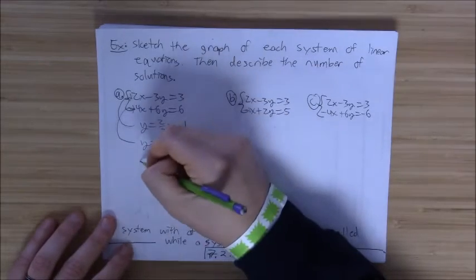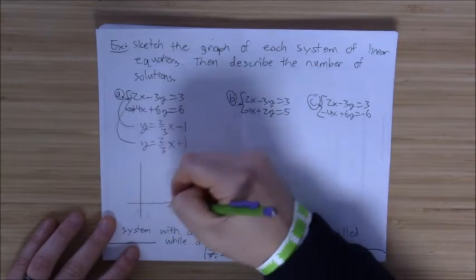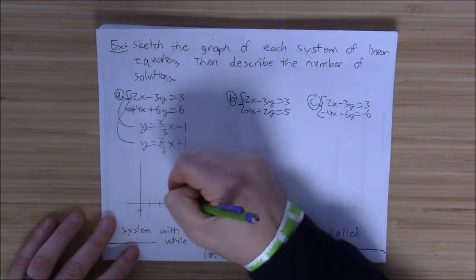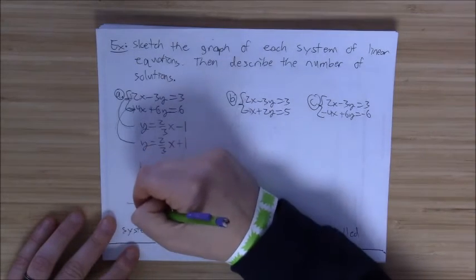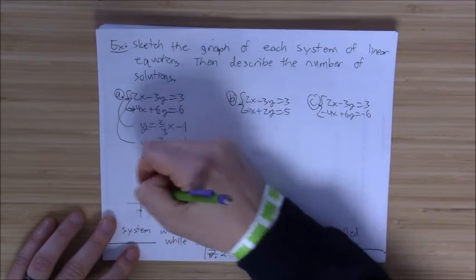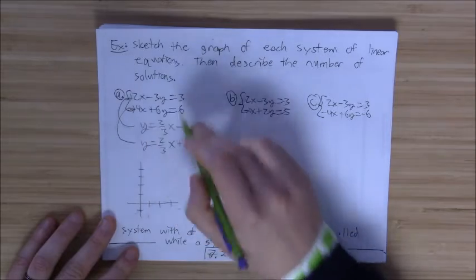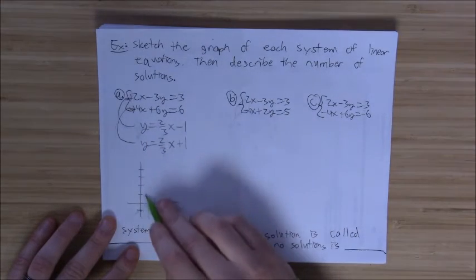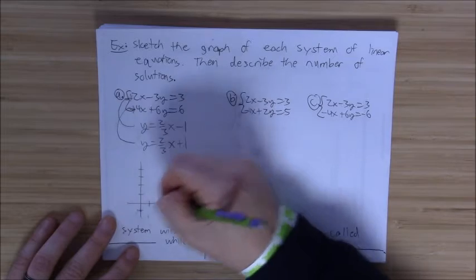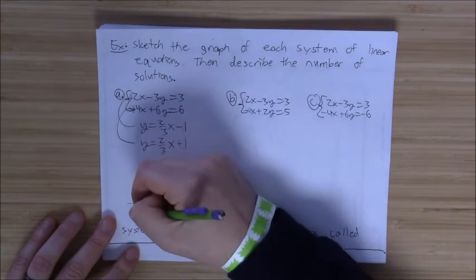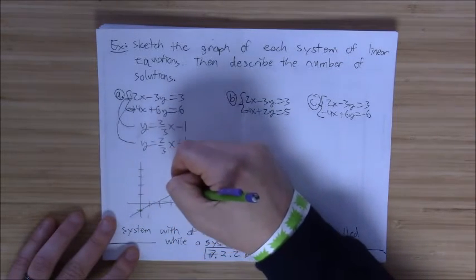Which means what we have here is, first, the first equation is the line that goes through -1 and has a slope of 2/3, so up 2 over 3. So that would be a point. We know that it intersects at -1, and so it looks like that.